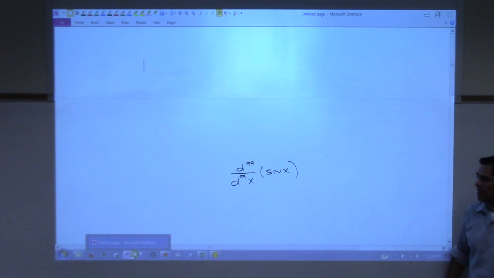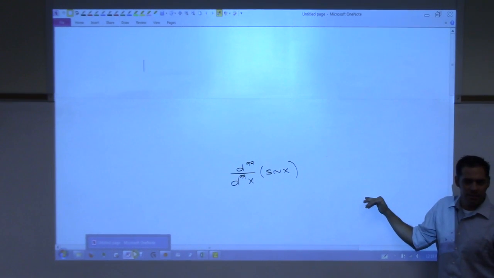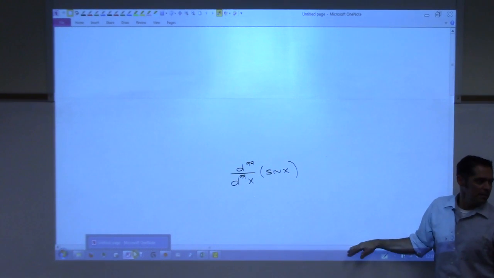You could take the derivative once and get cosine. Take the derivative again, get negative sine, and then take the derivative of that again and again and again.